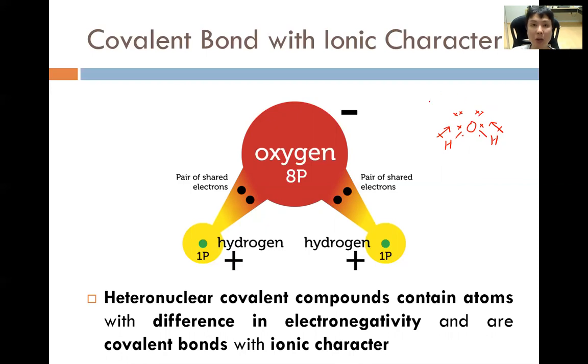And if we want to talk about the overall polarity of the molecule, we would add up this vector to this vector. Those of you who are not familiar with addition of vectors, what you do is that you place this vector like this, and then you put the second vector continuing on from the first one. And the result is the sum of the two vectors.